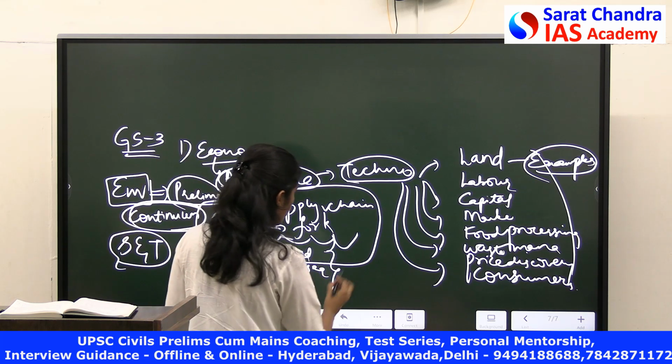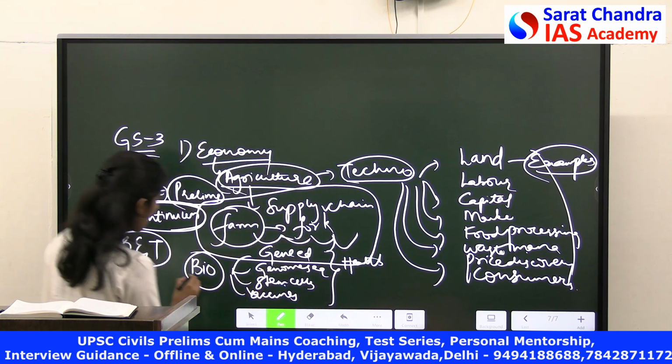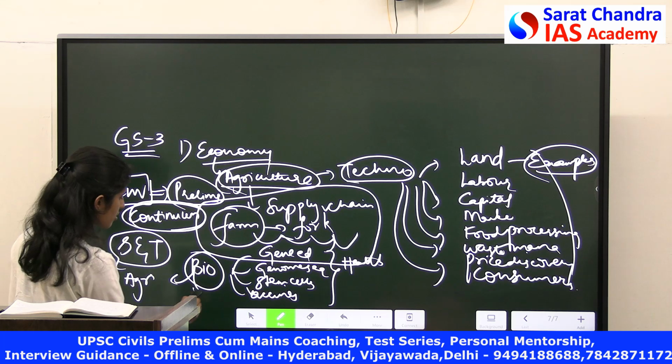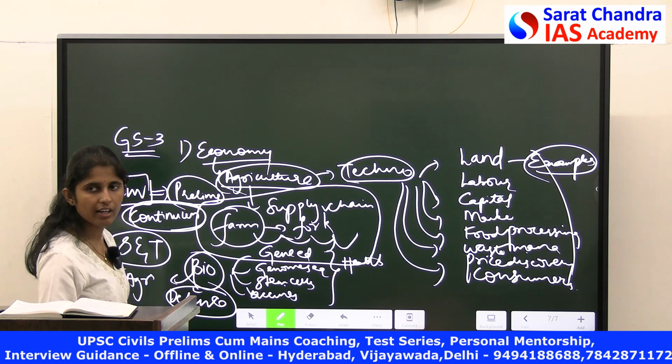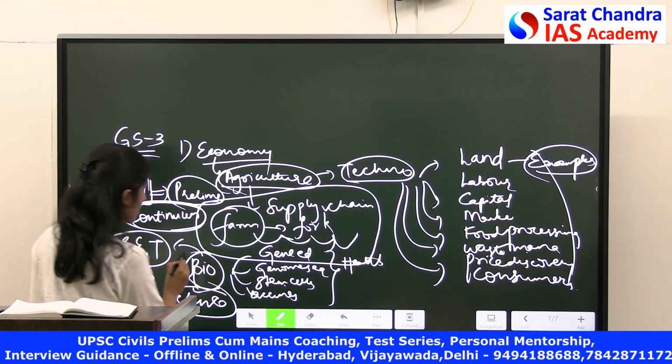This comes under biotechnological impacts on health, its applications in health, but it also has its implications in agriculture. It also has its implications in defense: bioterrorism, right? So that is also there. And it also has its implications in other fields.